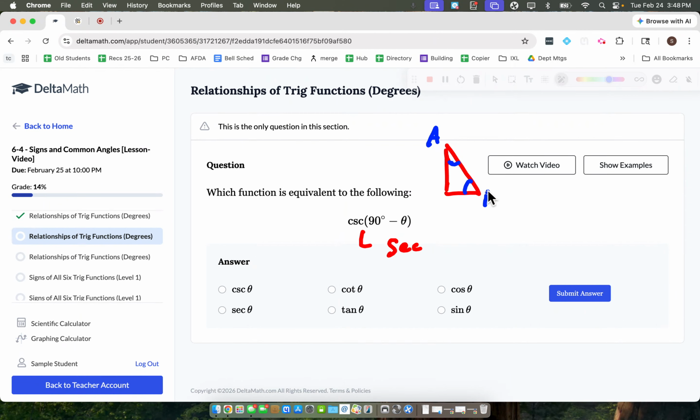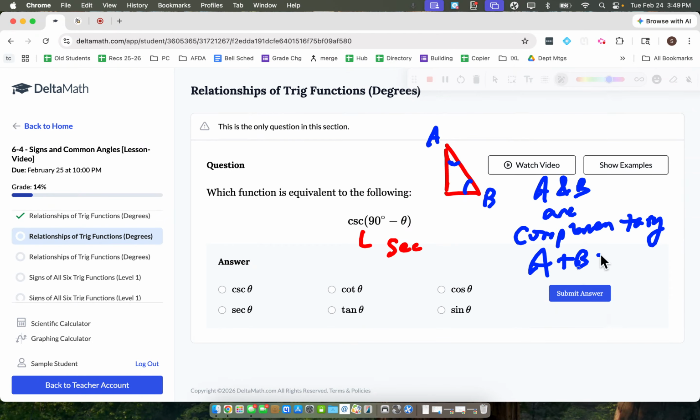This is angle A, that's angle B. A and B are complementary. That means A plus B is 90 degrees. We know that because C is 90, and that means A and B have to equal 90 since triangles total 180.